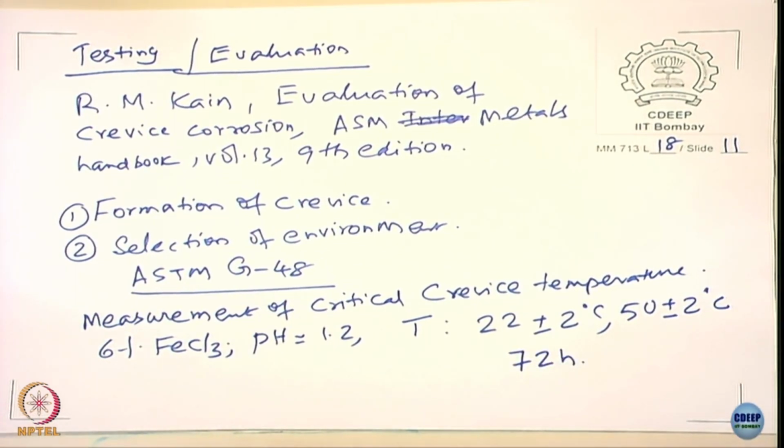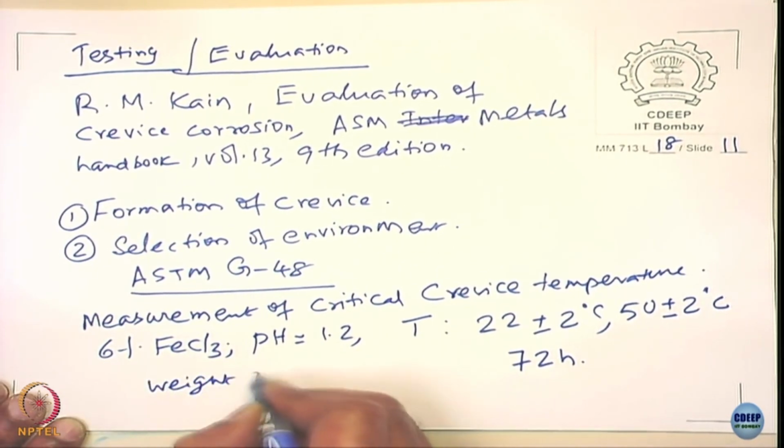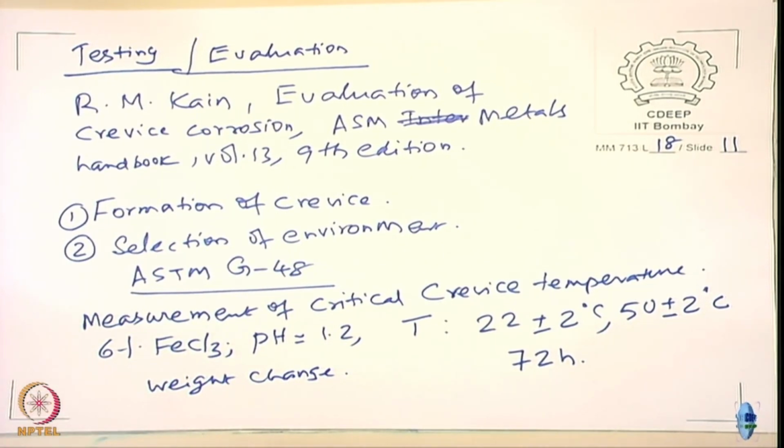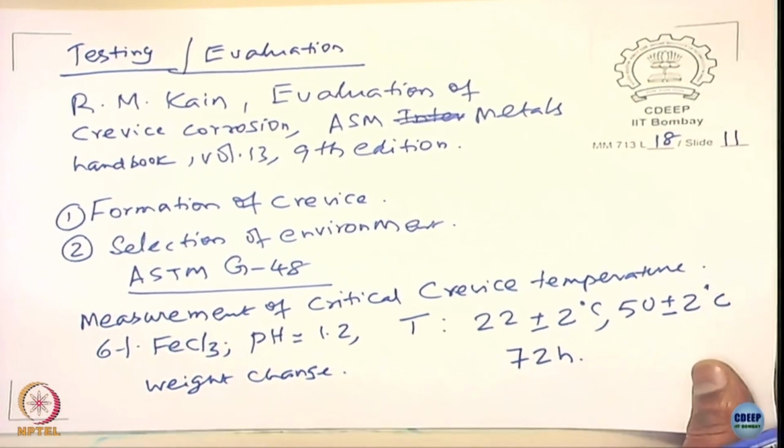And then they look at the weight change. It's a simple test actually. What is done here? In principle, you can set this up in any of your own labs.